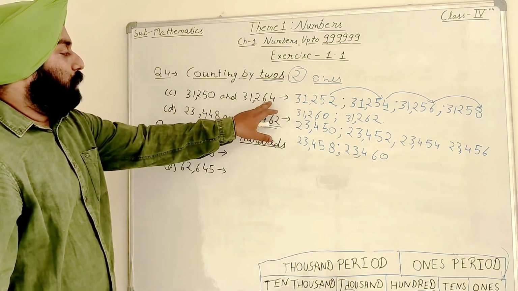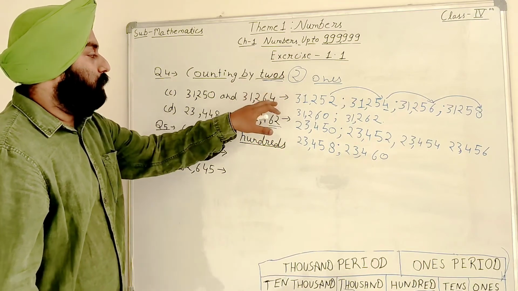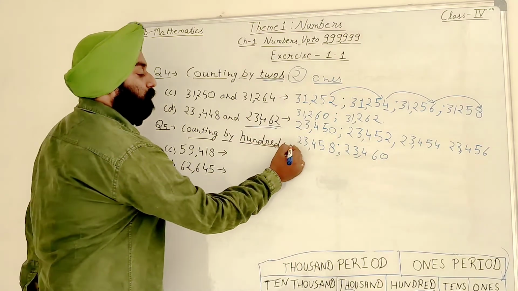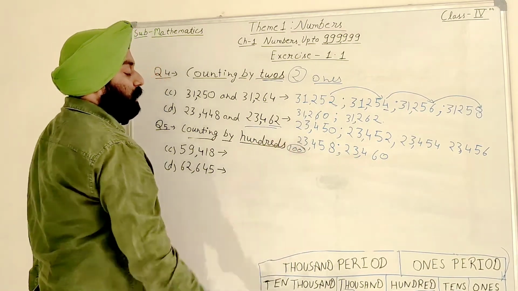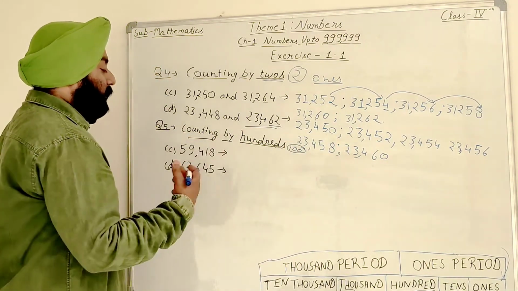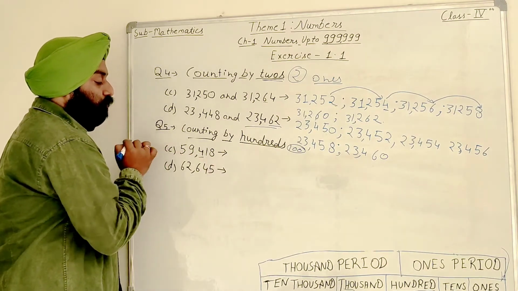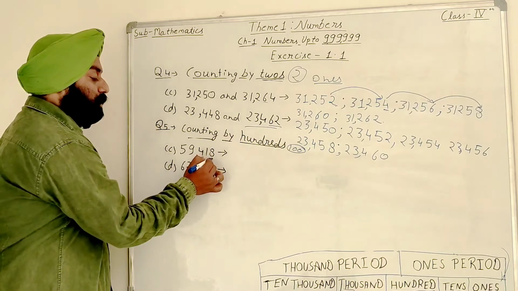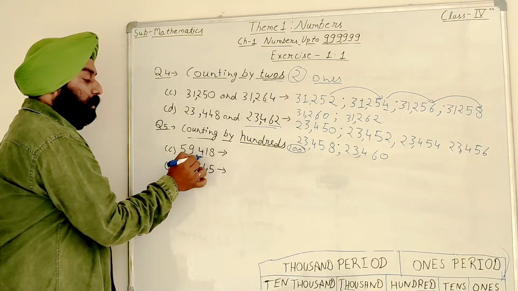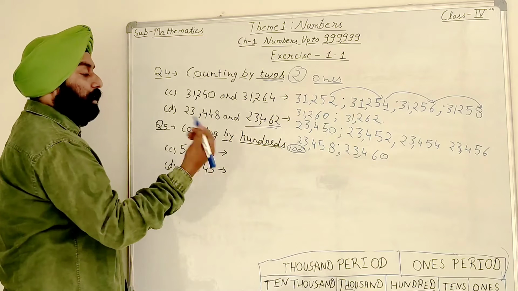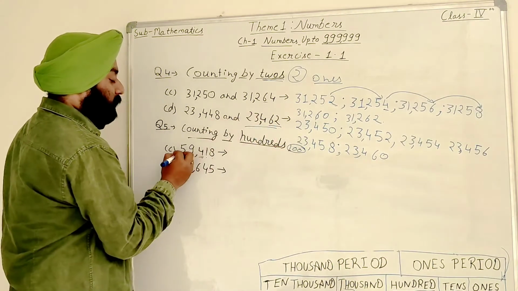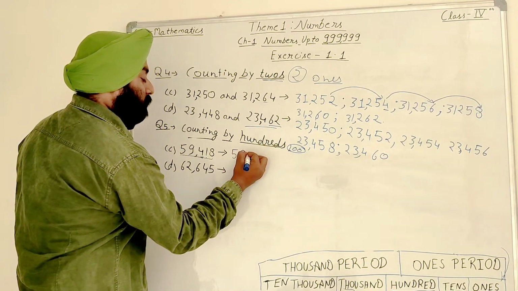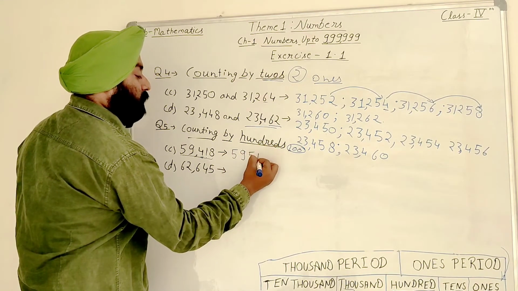We have to add 2 in the last digit, or ones digit. Then counting by 100, we have to add 100, or we can say we add 1 in the hundred place, after the ones place and the tens place. So we add 1 in the hundred place. 59,518.